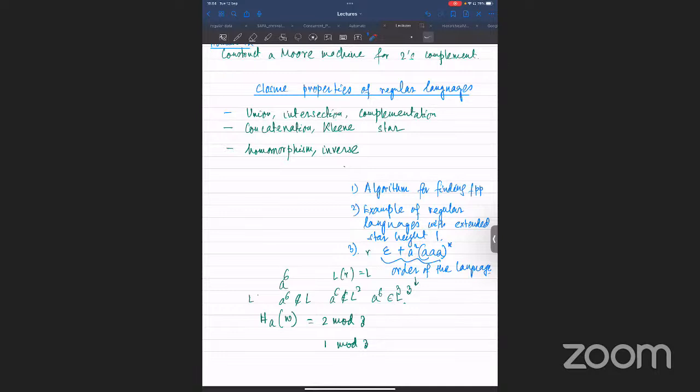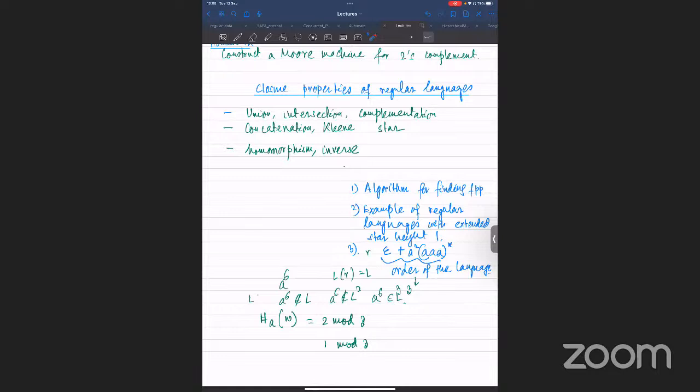So once you observe that this particular thing, A6, for example, is there in L of 3, then you can see that the order is indeed 3 for this language. For the other two, I'll possibly put something on Acadly, and then we can keep the discussion going. But you can also search a bit, like what you think is the case.